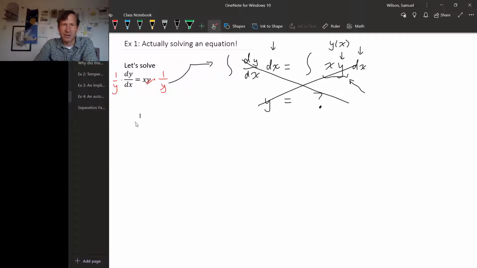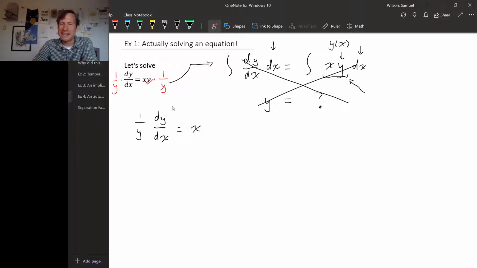So now we have 1 over y times dy dx equals x. And we don't actually have the x's and y's separated yet because there's still a dx on the left.